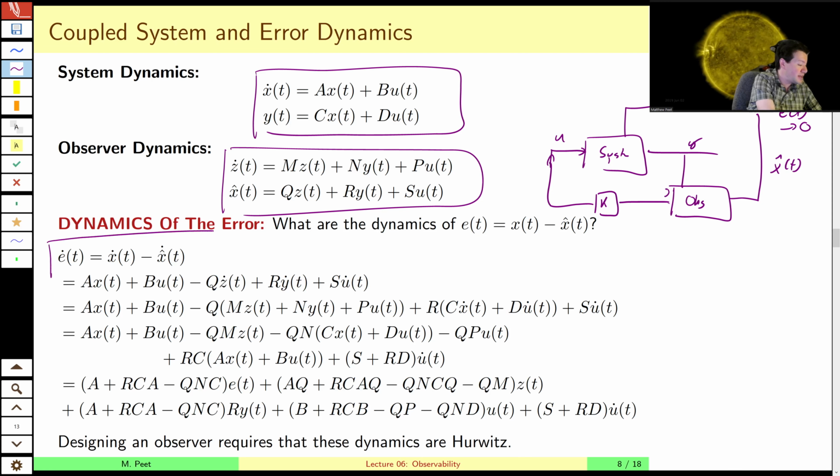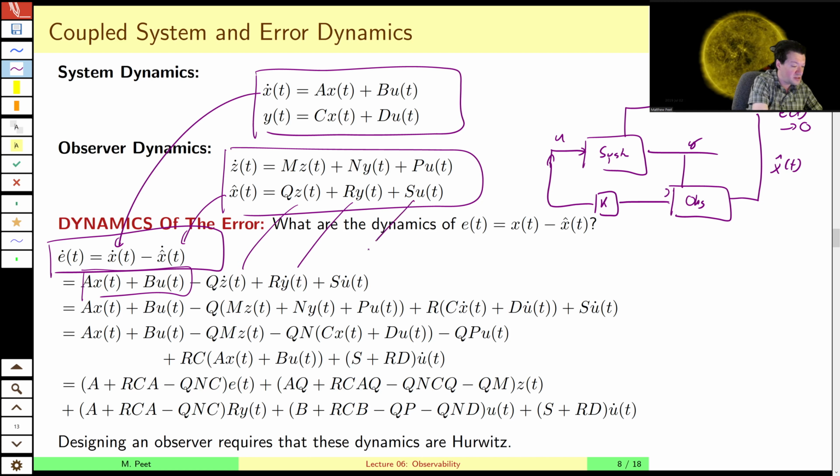So here are the error dynamics. The derivative of the error is the derivative of the state, and technically we should swap those, but we haven't done that here, so we'll ignore that. We plug in for the x dot here and we get these terms, and we plug in for the x hat dot right here, and those terms go there.